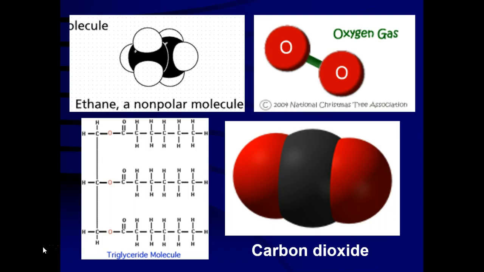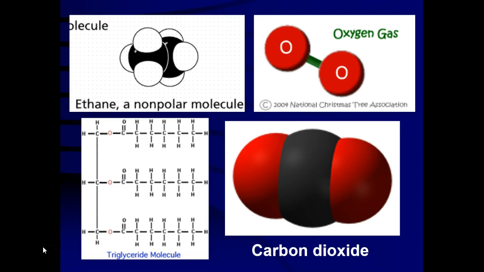So in this little picture here, you can see ethane, which is just carbon and hydrogen. The black part of the molecule are carbon atoms, and the white ones are hydrogen atoms. Below that is a fat, and as you can see, it's mostly carbons and hydrogen. It turns out that this is also a nonpolar molecule.